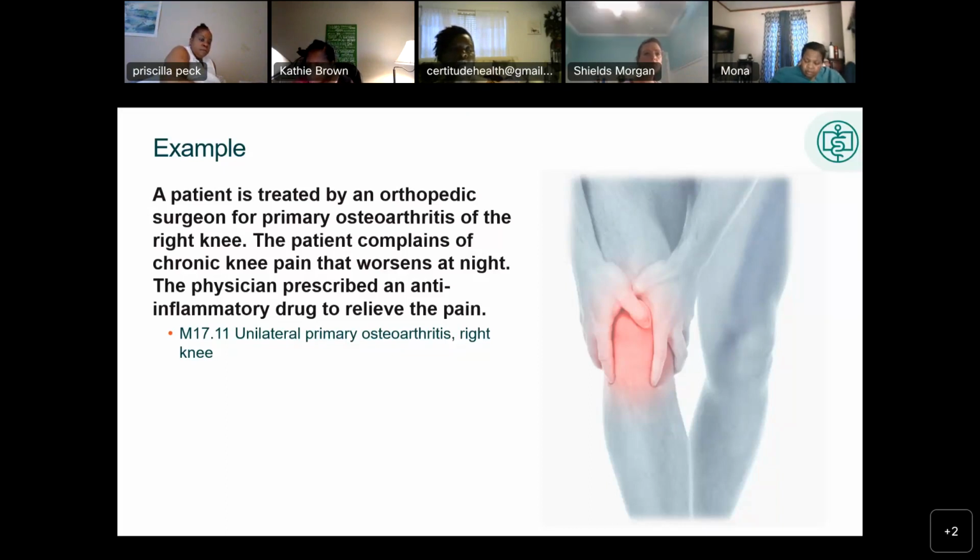O refers to obstetrics and OBGYN related things. P, all of the diagnosis codes that start with P are for pediatrics. Q, the Q codes are for congenital anomalies or birth defects.